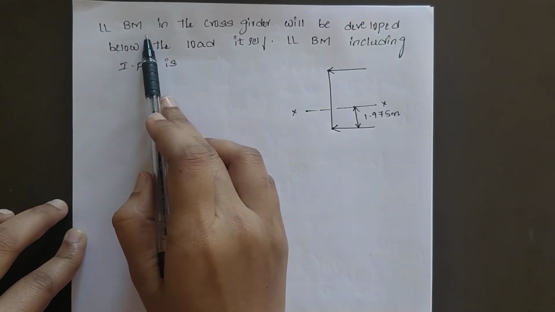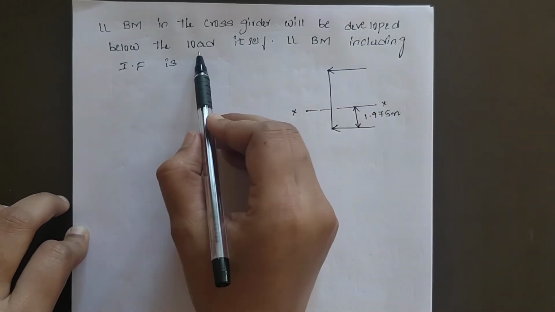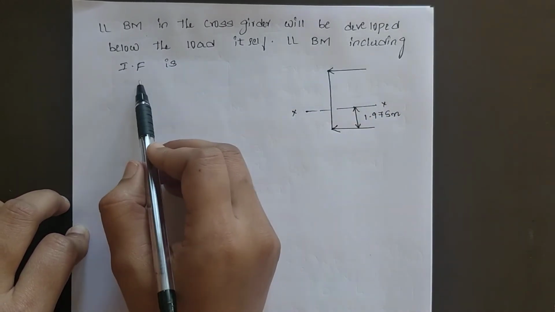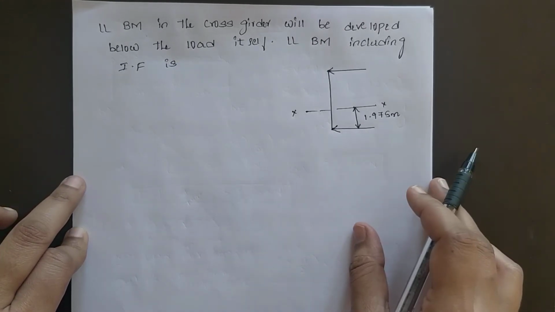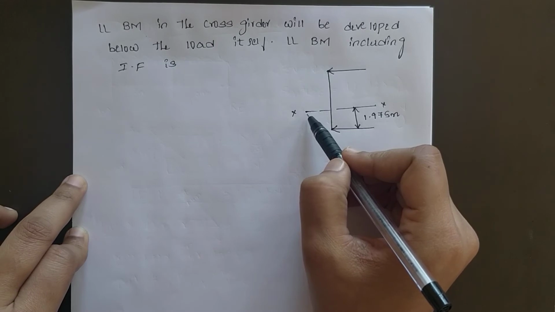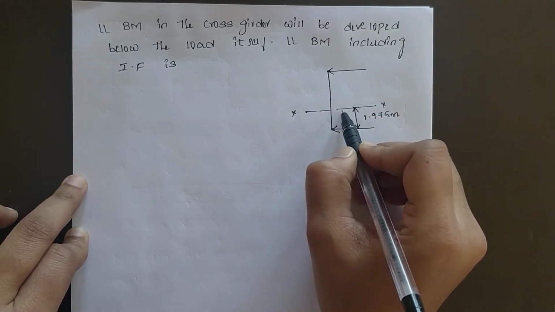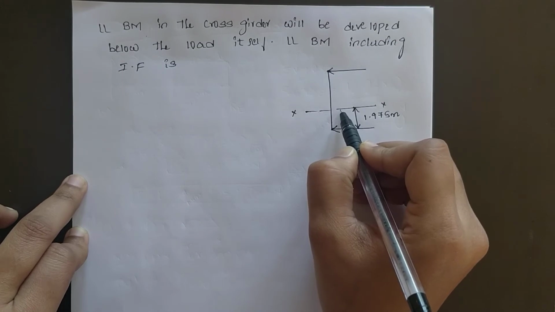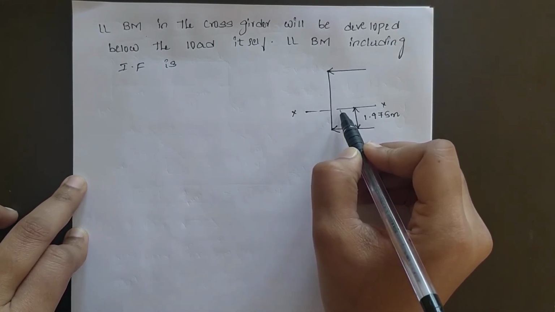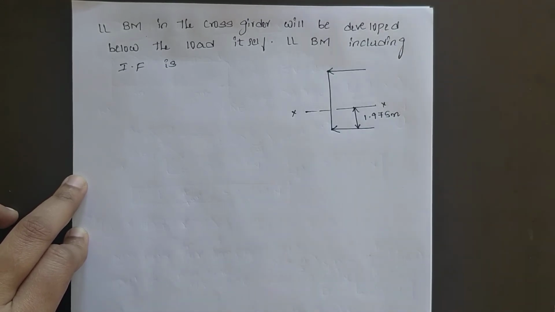Next is the live load bending moment in the cross girder, which will be developed below the load itself. That is the live load bending moment including impact factor. You can observe from the above figure which I have shown earlier, that is where the wheel load is placed. Exactly at that point the live load bending moment in the cross girder will be developed, at a distance of 1.975.